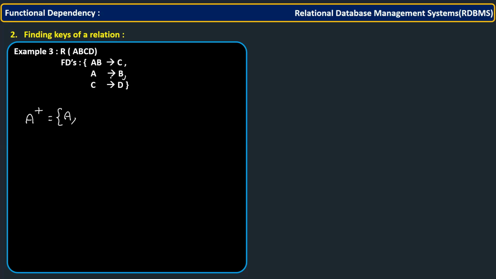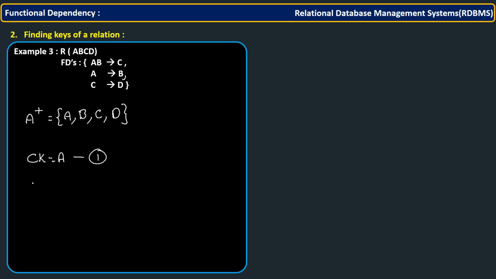Of course, A. Here, A is deriving B, so let us take B, and AB is deriving C, let us take C, and C is deriving D. So if the attributes that are not there in the RHS part by themselves derive all attributes in the relation, then that is going to become the candidate key. That is the only one candidate key you can conclude. Is it clear? So this is the only candidate key.